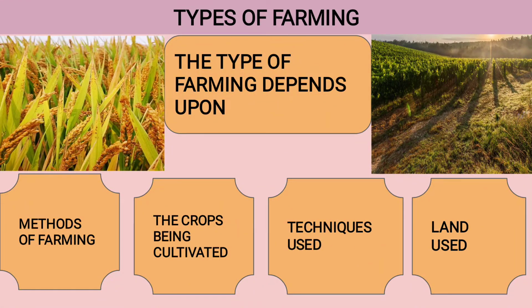So first is the methods of farming, which method you are going to use; the crops which you are going to cultivate, whether it's wheat, rice, corn, jawar, bajra; the techniques which you are going to use, whether you are going to use machinery or manpower or any other techniques like sprinkler irrigation methods; and the land which will be used, whether you are going to use a very huge land or a small piece of land.